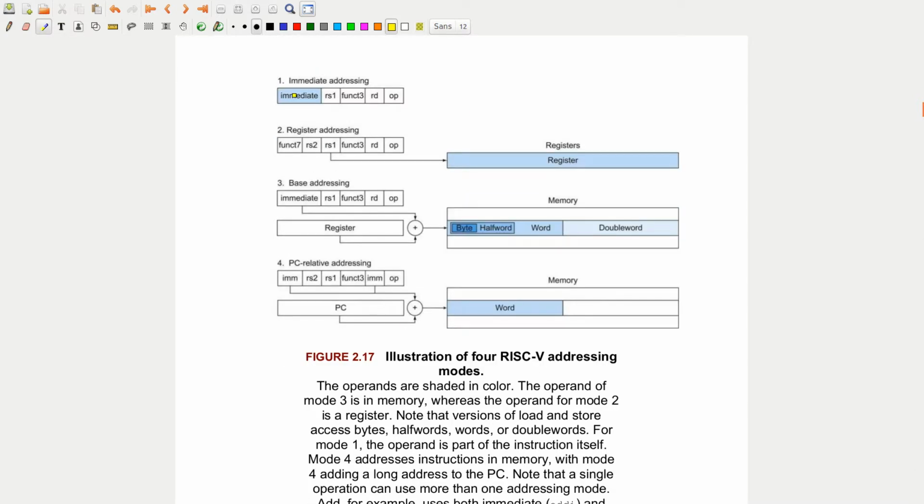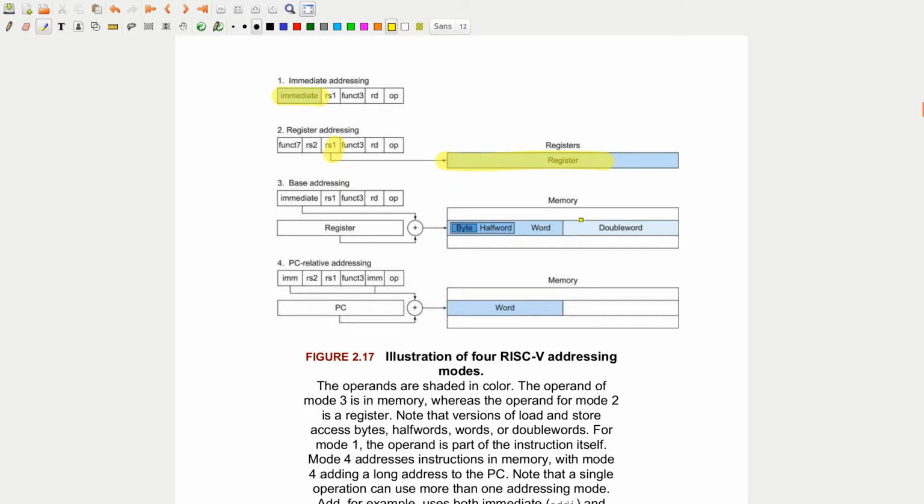Okay, so immediate addressing, like we said, we're just using some value that we give it. For register addressing, we're just looking at the registers to know where we're going to point to. That's going to store our address.